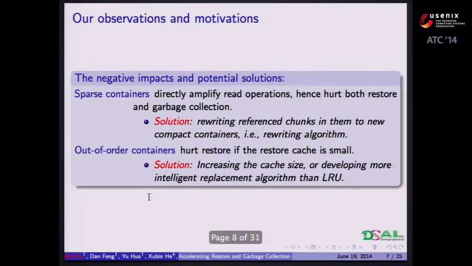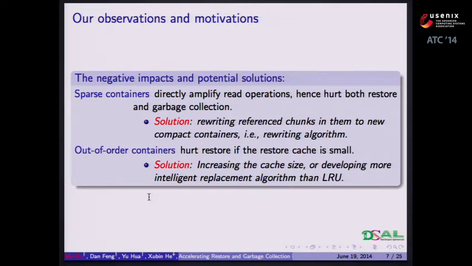Sparse containers and out-of-order containers have very different negative impacts. Sparse containers directly amplify the read operations and hurt both restore and garbage collection. A potential solution is to rewrite referenced chunks in the sparse containers to new compact containers during backup, namely rewriting algorithms.